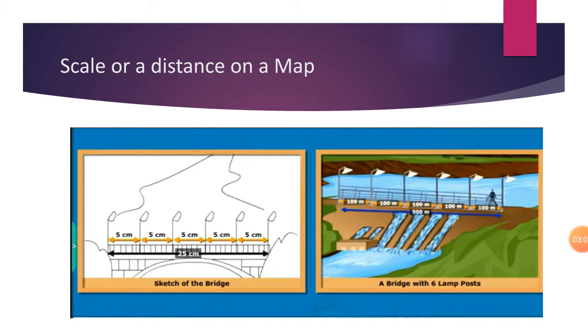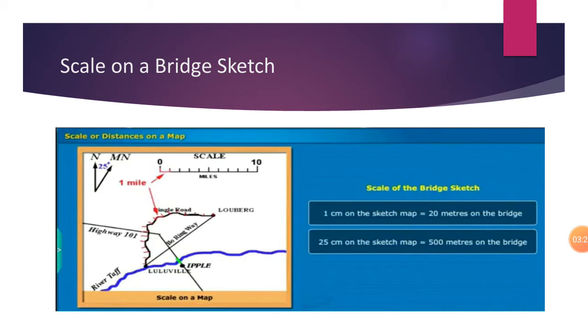The same concept is applied in the scale of maps. To sum up the whole concept, we know that scale is used to show the actual distance on the ground in a reduced manner on a map. Thus, one can find out the actual distance between places using the scale on the maps.